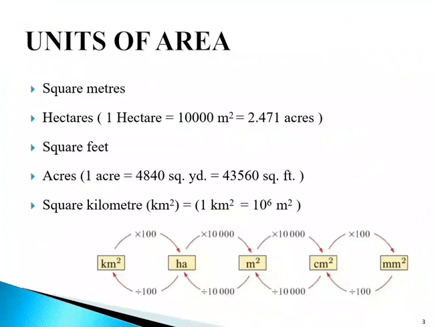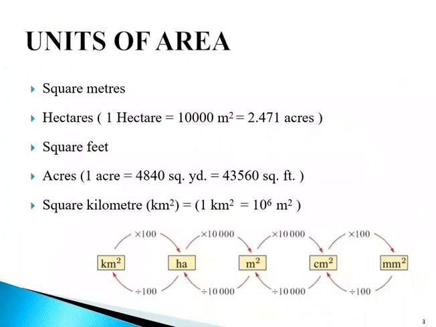So let's see some units of area. It can be measured in square meter or also in hectares, where 1 hectare is equal to 10,000 meter square, or equal to 2.471 acres. It is also measured in square feet. It is also measured in acres, where 1 acre is equal to 4,840 square yard, which is equal to 43,560 square feet.